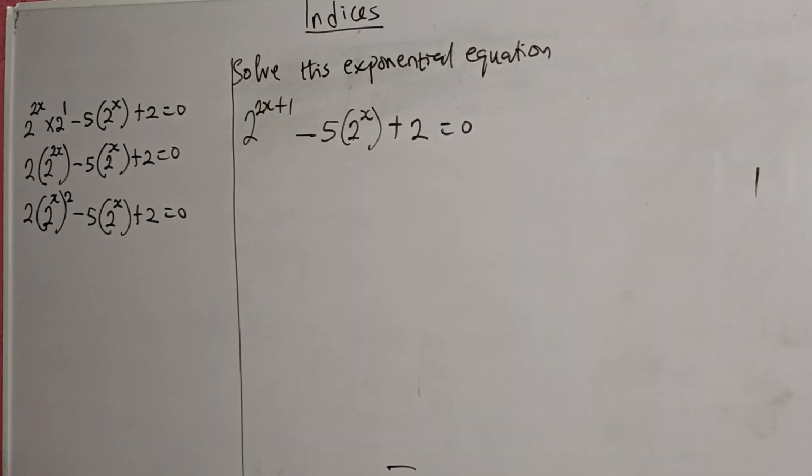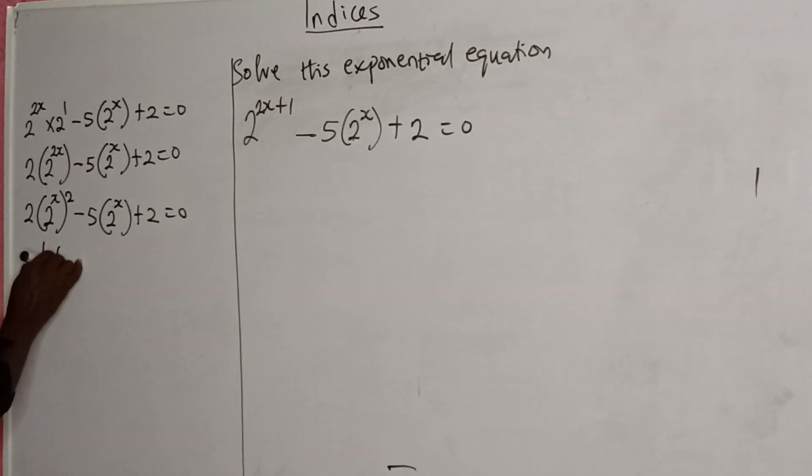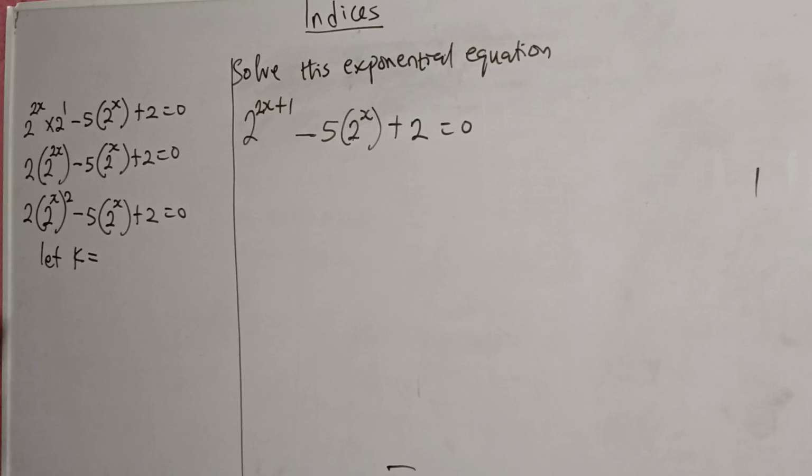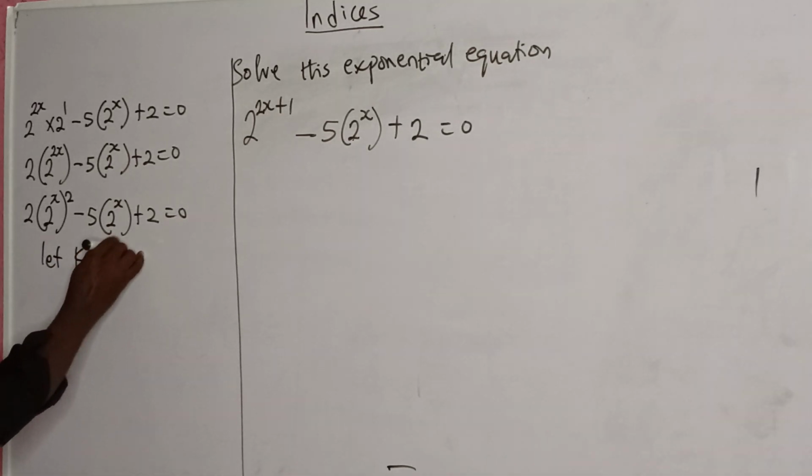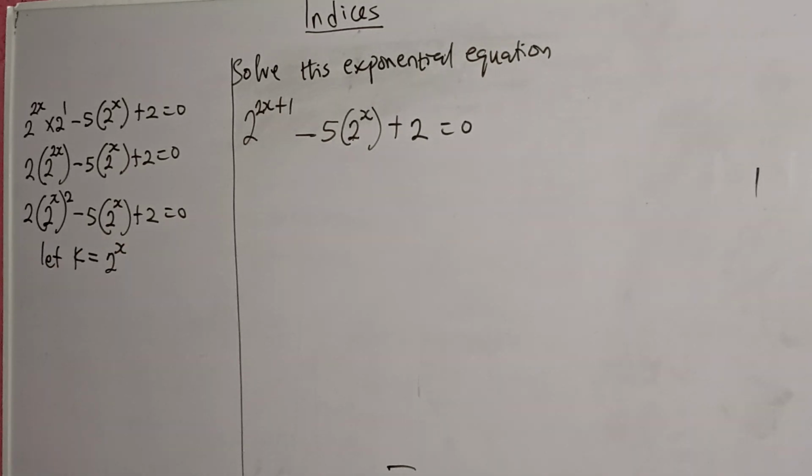So you now use any alphabet of your choice to replace 2 power x. You say let k be equals to 2 power x. So whenever you see 2 power x, you replace it with k.